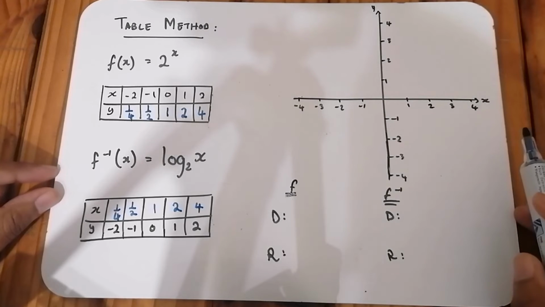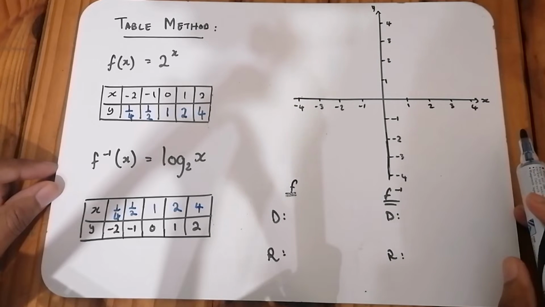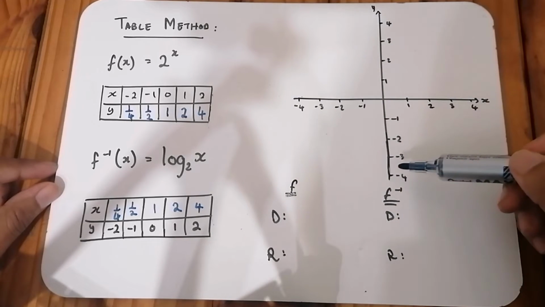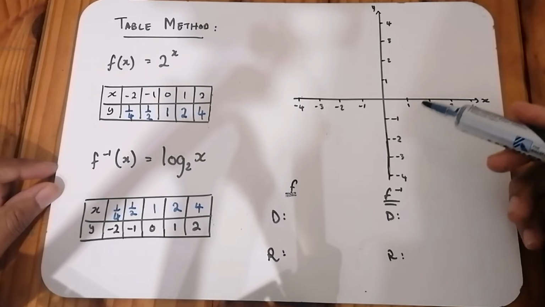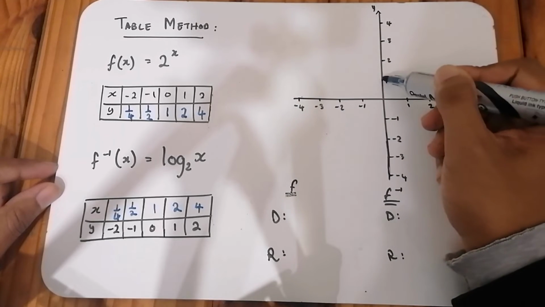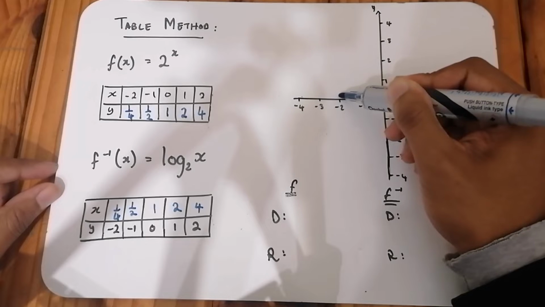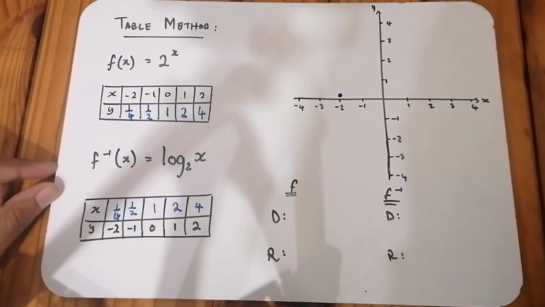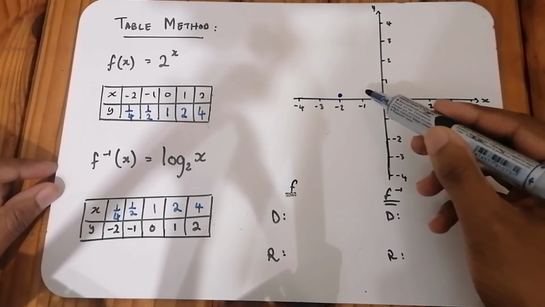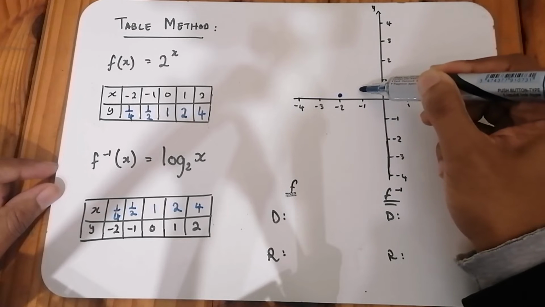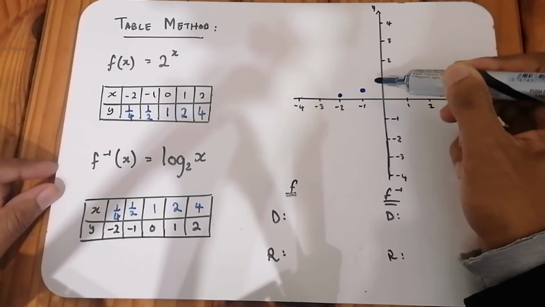Cool. Now I just plot in the points. Okay, so I'll start with the first point, which is negative 2 and a quarter. That should be about, okay, so a quarter is very low, it's close to the x-axis. Then negative 1 and a half, that should be in the middle of 0 and 1.